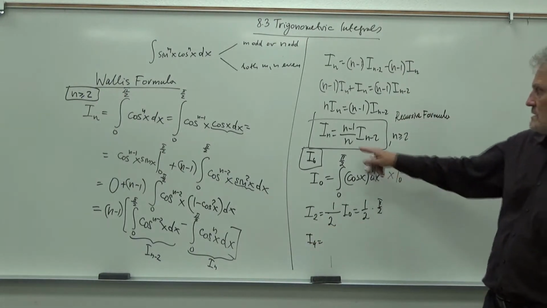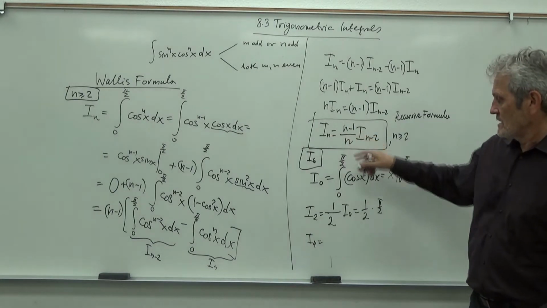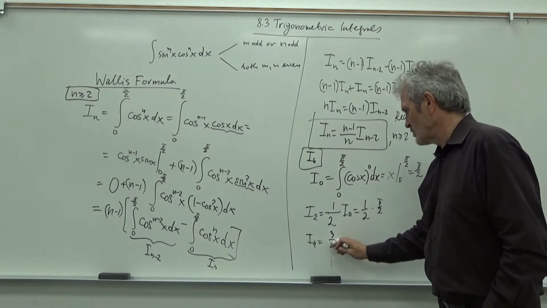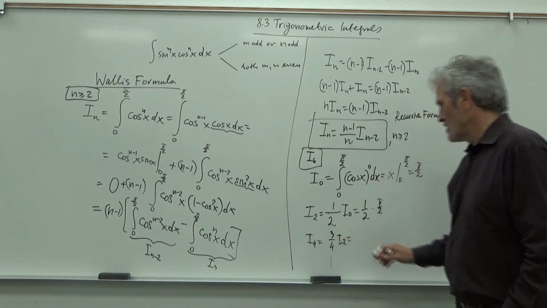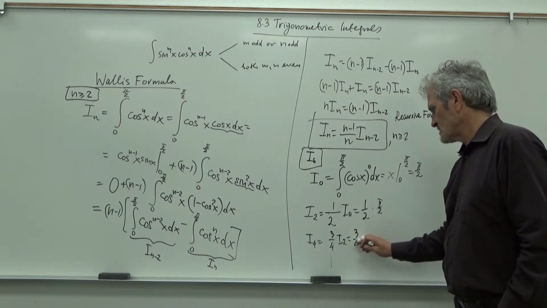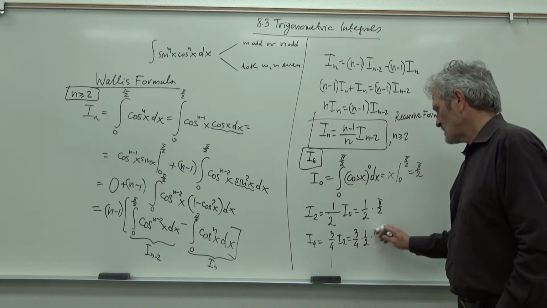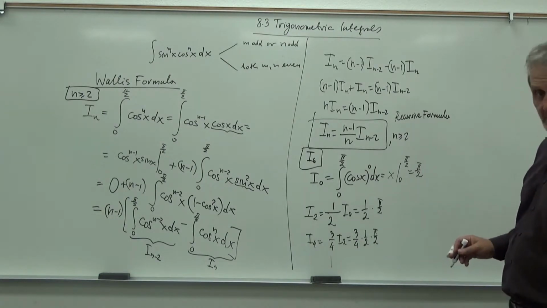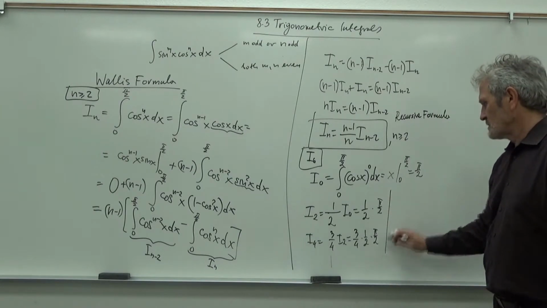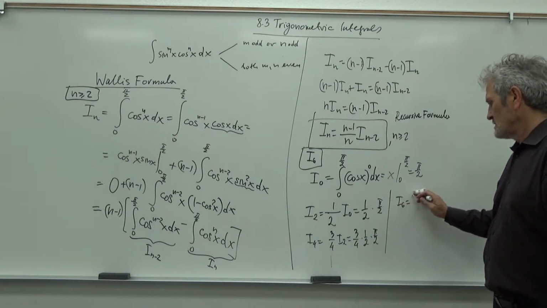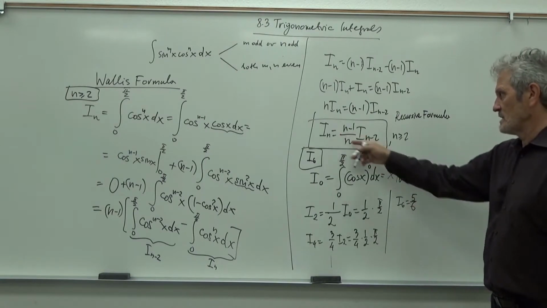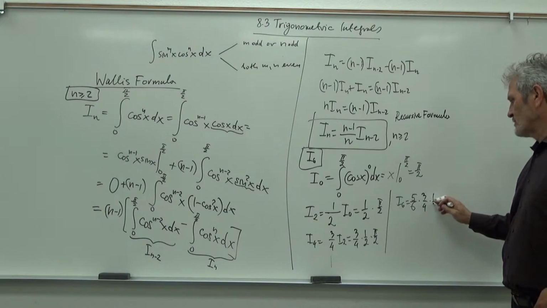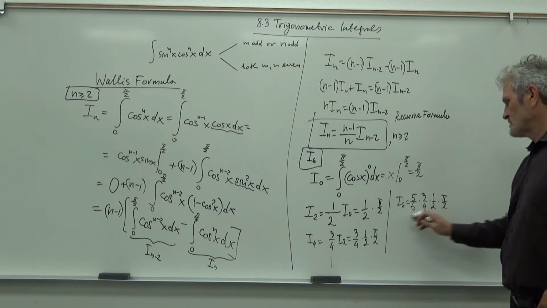The same way, when n is 4, on the bottom 4, on top 3: 3/4 I2, which is what I had a minute ago, times 3/4. And if I want I6, I better put it on the side. What do I get with I6? It will be 5/6 in the same way as before, I4, which is 5/6 times 3/4 times 1/2 times pi over 2.